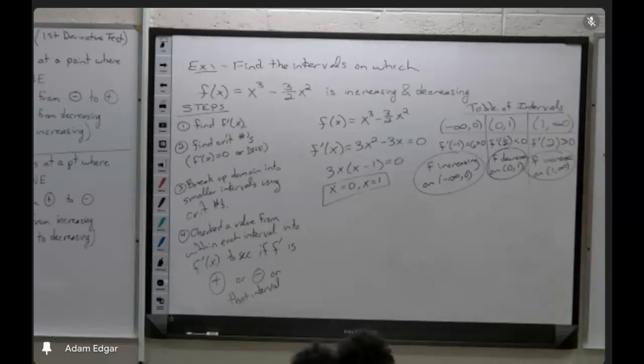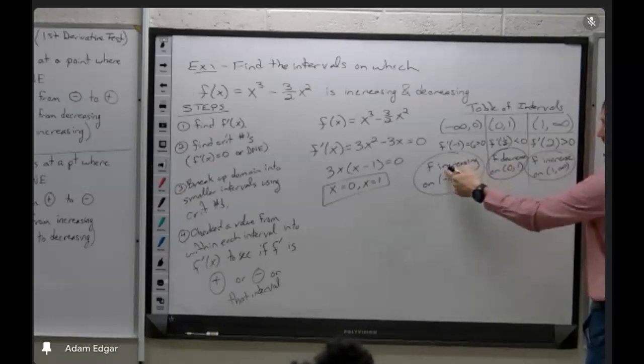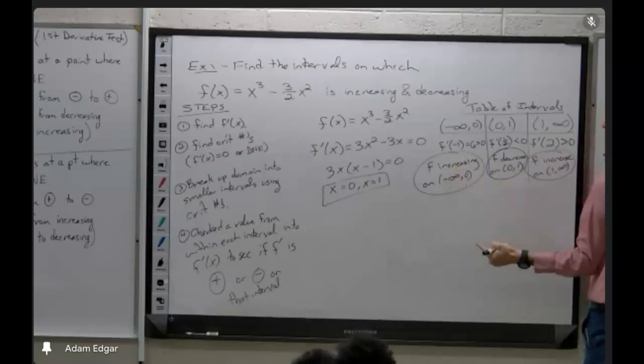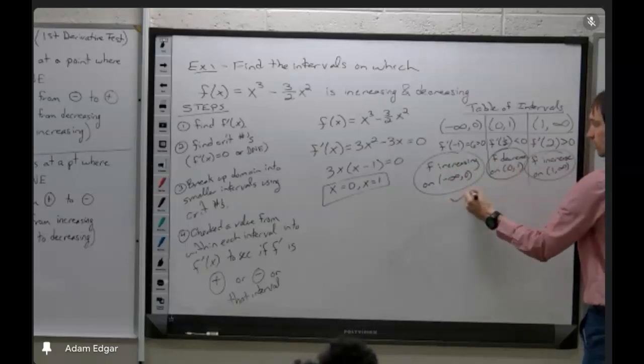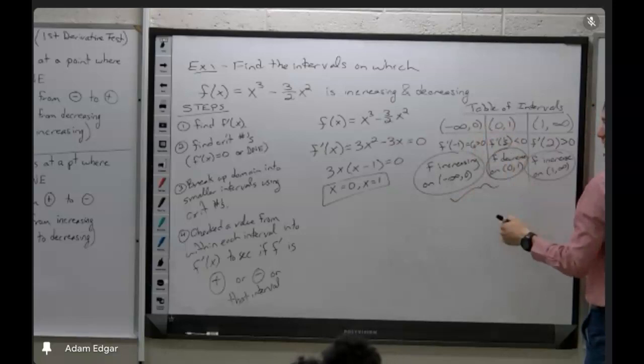And to do the first derivative test, to find a max or min, you do exactly the same thing, and you take one more half step and draw a conclusion. If f was increasing and then decreasing, then right at x equals 0, where we switch, what does there have to be? A maximum or a minimum or neither?